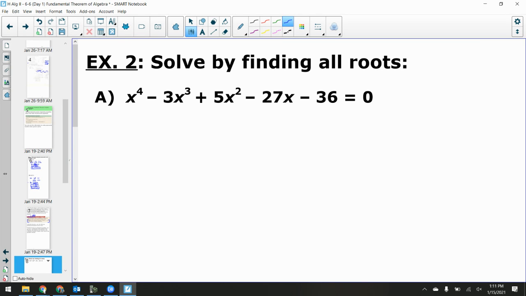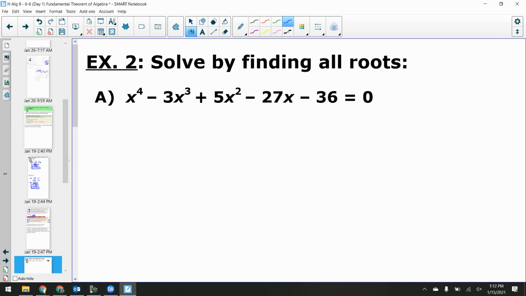X to the fourth minus 3x cubed plus 5x squared minus 27x minus 36. We could have seen that this was going to happen. All along, we've been seeing this pattern that the degree of the polynomial corresponds to the number of zeros we have.